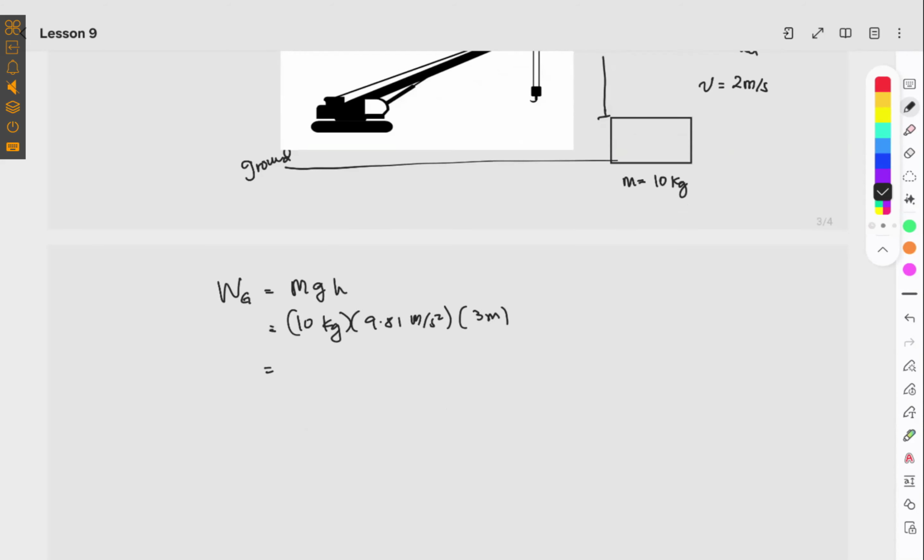So therefore, you have negative, because it's pointing downward. I forgot the negative over here. So you have negative 294 joules.